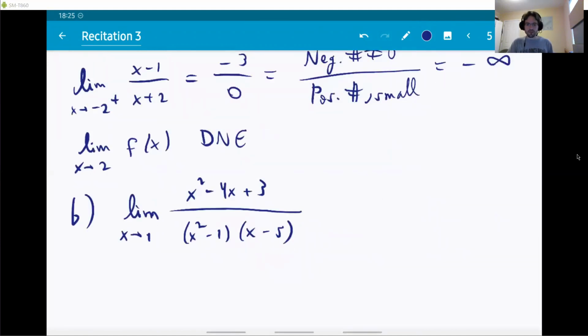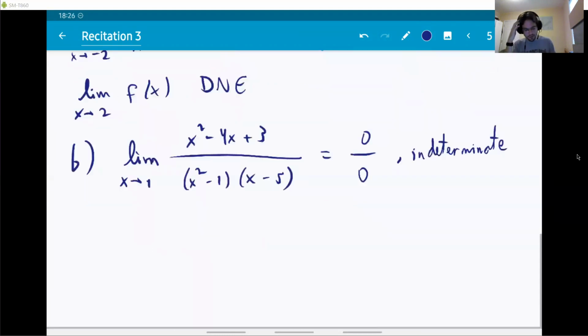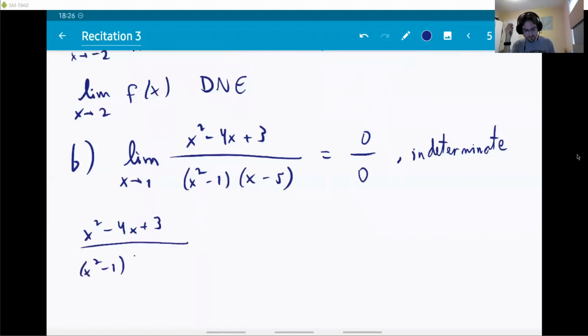So once again, first thing that you should try when you see a limit, plug in 1 to see what happens. And you will quickly realize this is 0 over 0. Indeterminate. Which means we need to simplify it somehow. And it's the same trick. It's a polynomial over polynomial. Usually when you try to simplify it, at least one of the factors that appears downstairs will also appear upstairs.